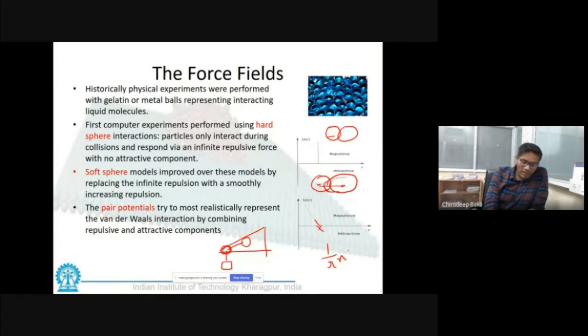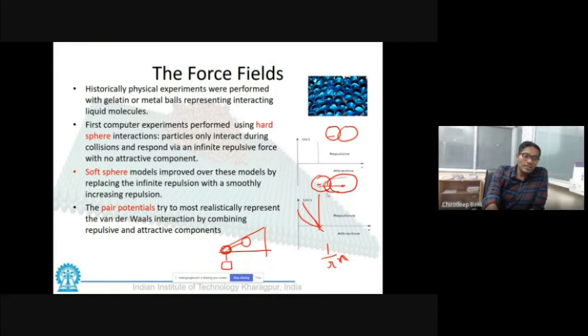This looks like a hyperbola. A hyperbola would be 1 by r, right? And the smoother it is, the larger would be the value of n. So if you have r to the power 6, probably it would look something like this. R to the power 12 would look something like this. Obviously not touching this. And otherwise, r to the power 0 goes straight up. So that is something that people have to figure out when they try to do the pair potential. Right, okay.